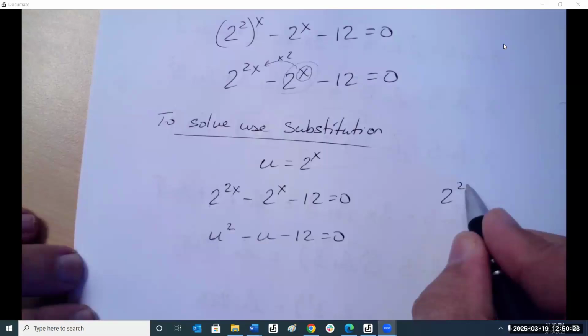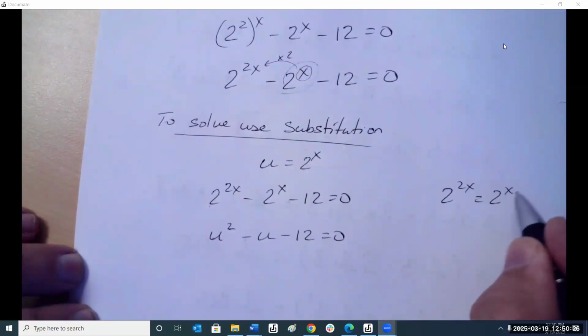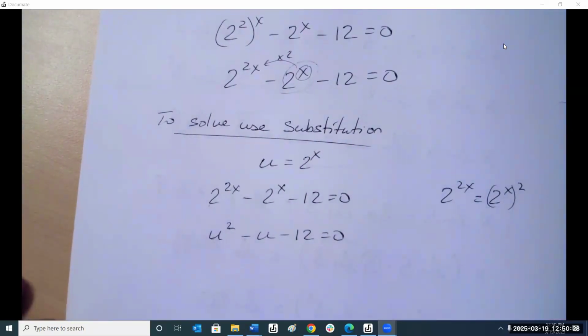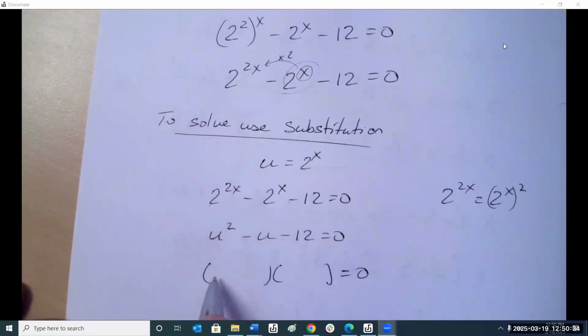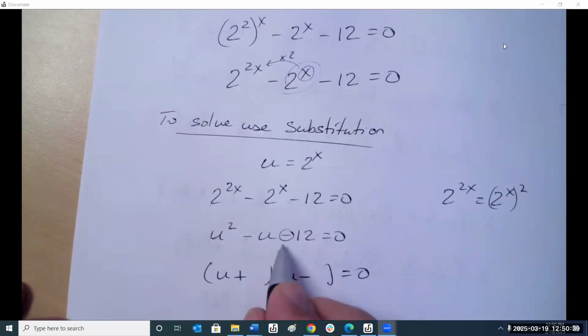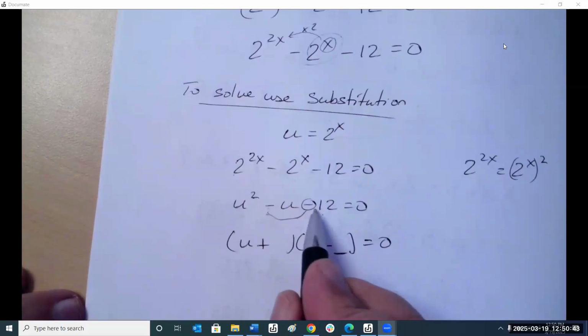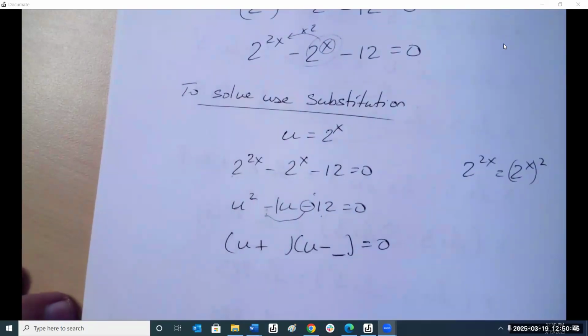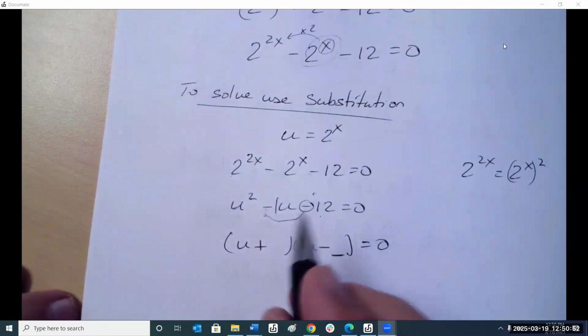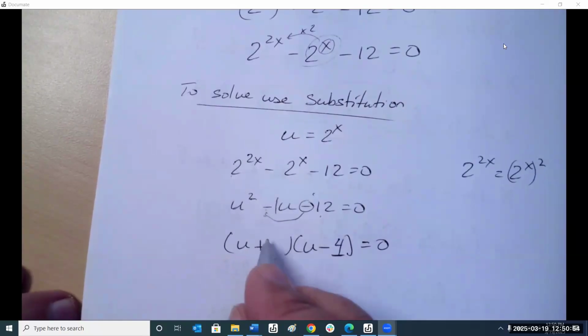Plus 2 to the power 2x is 2x squared. Now we can go ahead and factor this one out. Opposite signs. The bigger number gets the negative. So what times what is 12? When you subtract them, you get 1. 3 times 4. So the bigger number gets the negative, so it's 4, and that's 3.